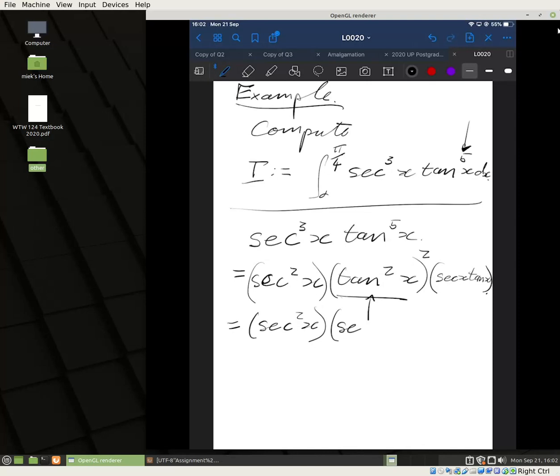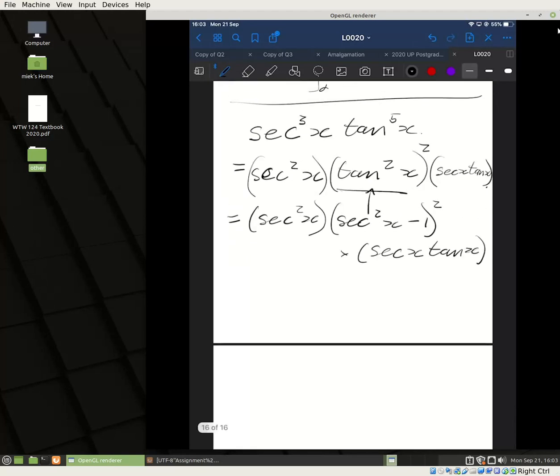So sec squared x minus 1, all squared, multiplied with sec x tan x. And now let us multiply out this factor that we have expressed in terms of sec.